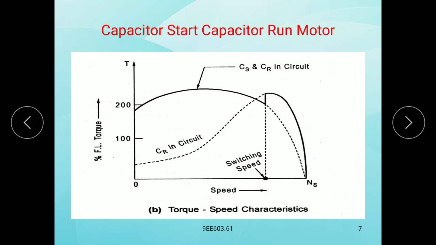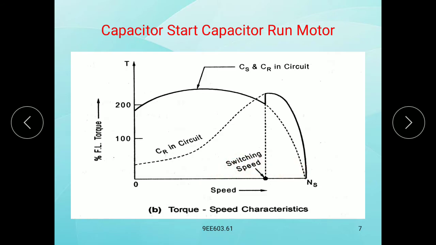Now here, this is the CR, which means it is under running. So here is the starting torque of the capacitor start, capacitor run motor. On the y axis is torque, and on the x axis is speed.